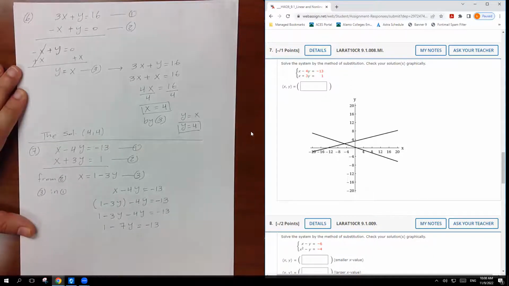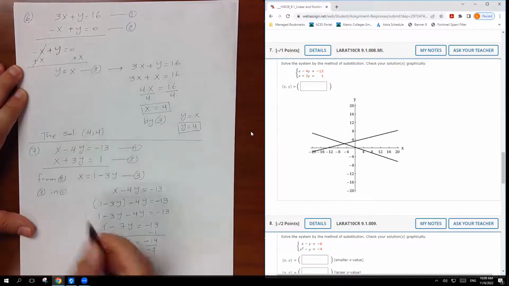Next step, we subtract 1 from both sides. Negative 7y is equal to negative 14. Then divide both sides by negative 7. That means the value of y is equal to 2.